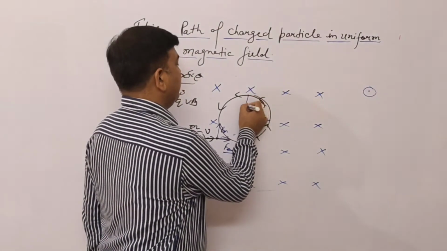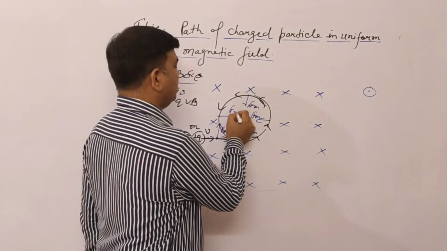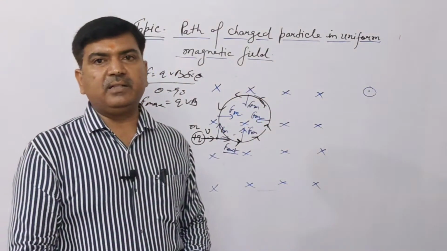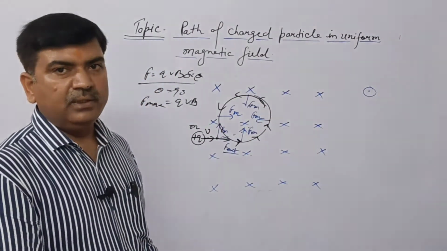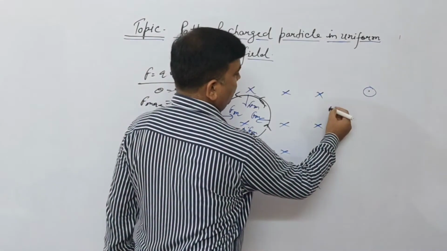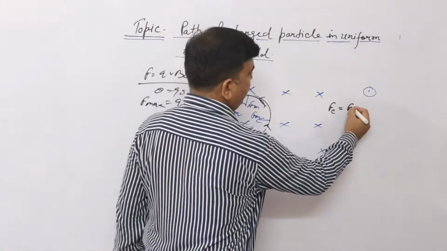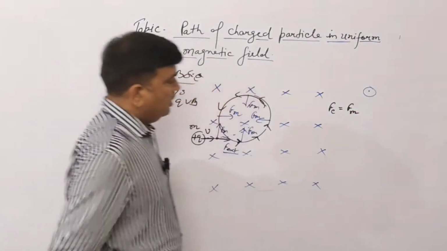It always acts towards the center of the circular path, and it provides the centripetal force. So for the circular path, the centripetal force Fc is provided by the magnetic force Fm.